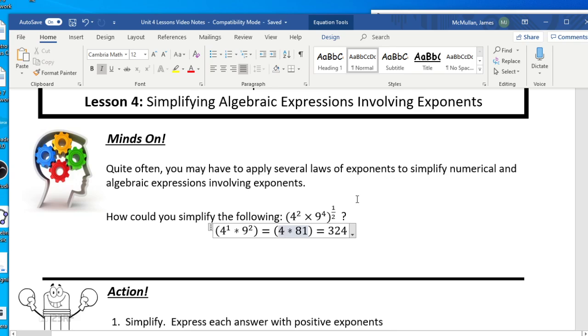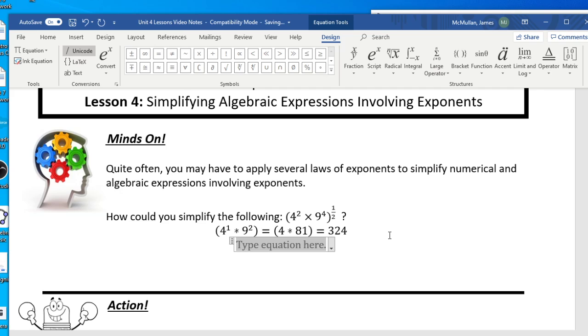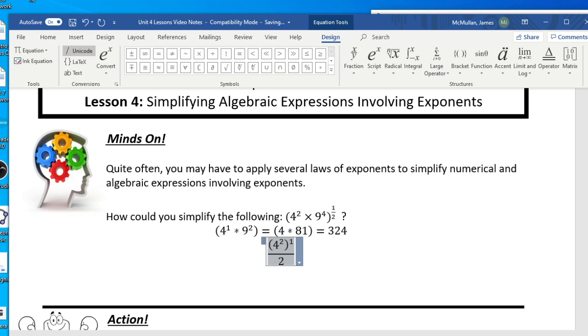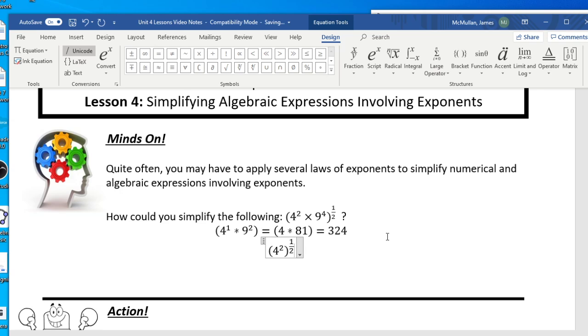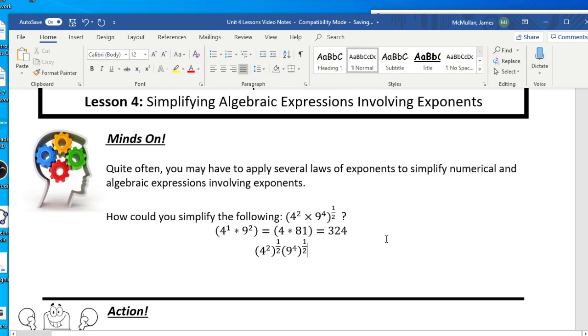Another way you could do this one, what if I separated the multiplication? So it was 4 squared to the power of 1/2 multiplied by 9 to the 4 to the power of 1/2. If I separate it like that, does that also work?